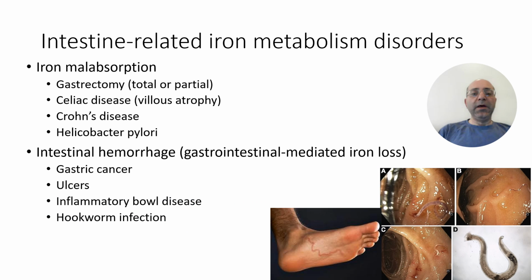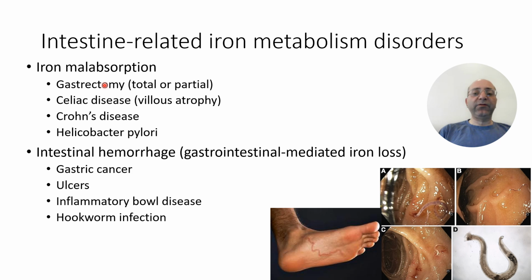So overall, iron absorption and iron loss can occur through two mechanisms in the intestines. First, there is iron malabsorption, and this can result from gastrectomy, whether total or partial, celiac disease, Crohn's disease, or Helicobacter pylori. All these mechanisms can cause iron malabsorption.